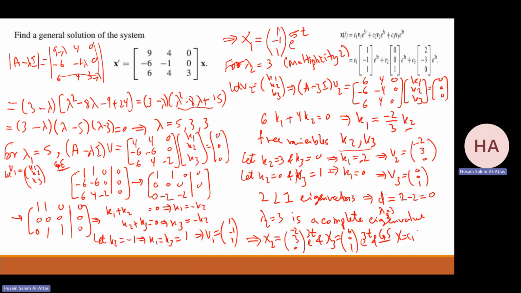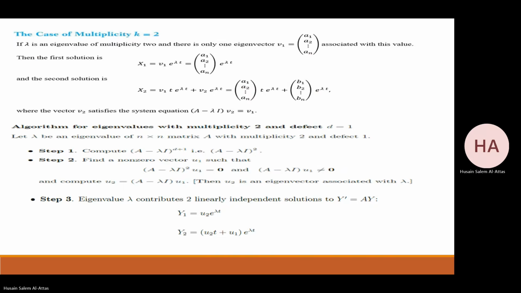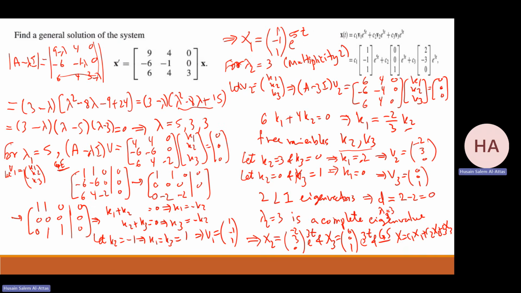X will be C1 x1 plus C2 x2 plus C3 x3. That will be my general solution. I just list them. Okay. Now, yes, I have multiplicity, but when I find the eigenvectors, I find the same number of eigenvectors as the multiplicity. That will make it easier.